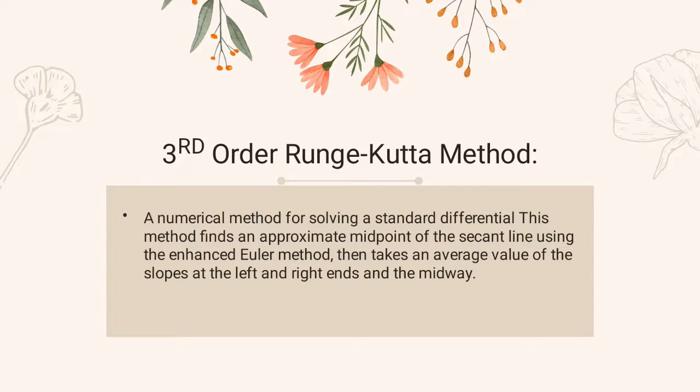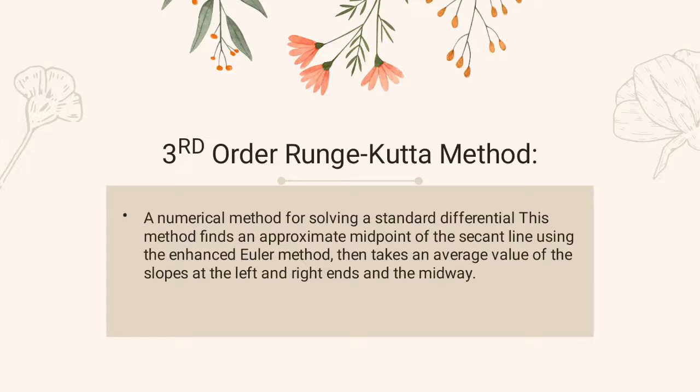And the next one is the third order Runge-Kutta method. It is a numerical method for solving a standard differential equation. This method finds an approximate midpoint of the second line using the enhanced Euler method, then takes an average value of the slope at the left and right ends and the midpoint.